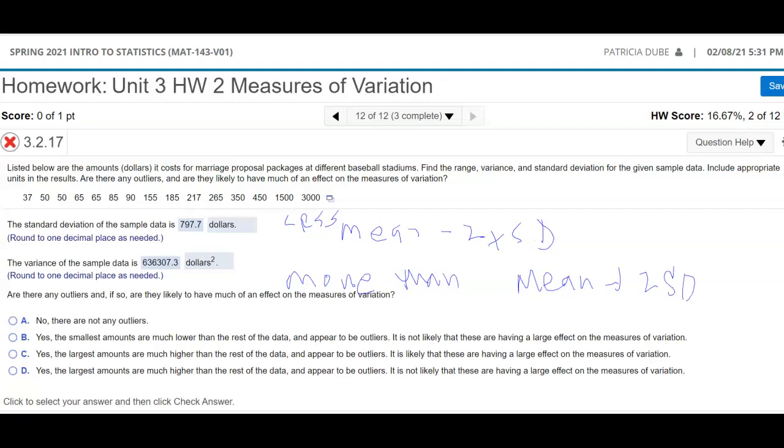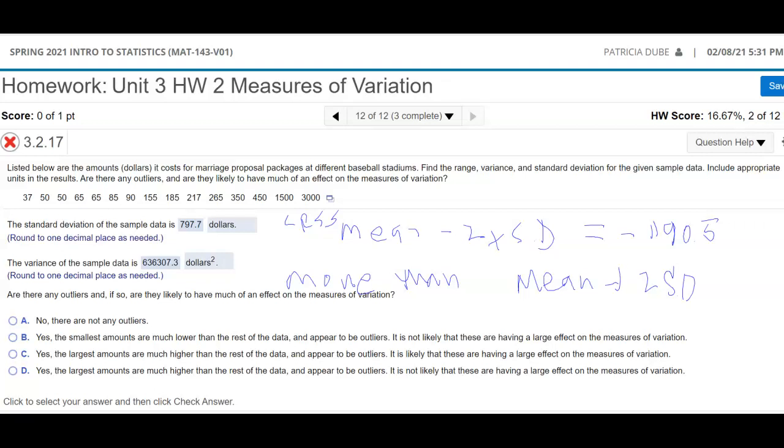Now, I've done this on my calculator already. It turns out the mean minus 2 standard deviations ends up being a negative 1190.5. None of these values are negative. Nobody pays you to do a wedding proposal at a stadium. So there are no low outliers.